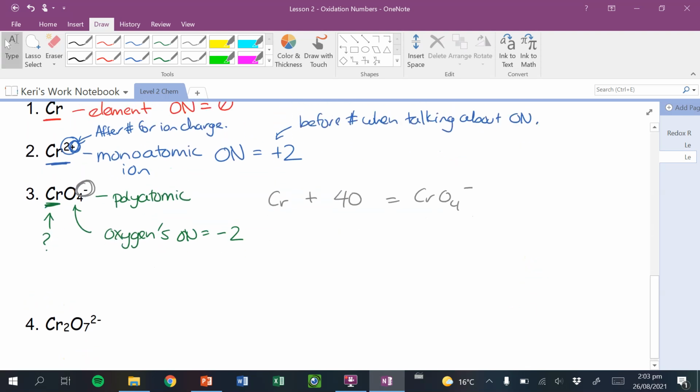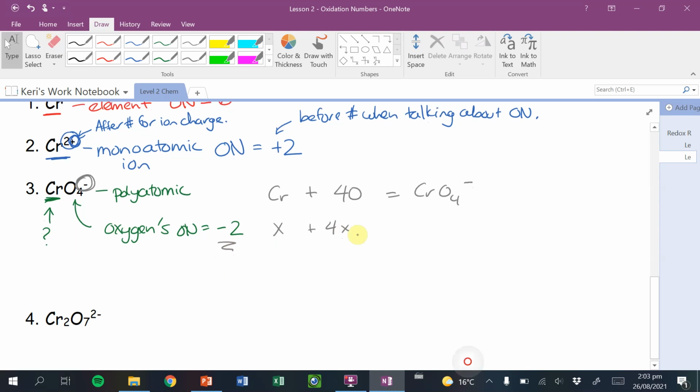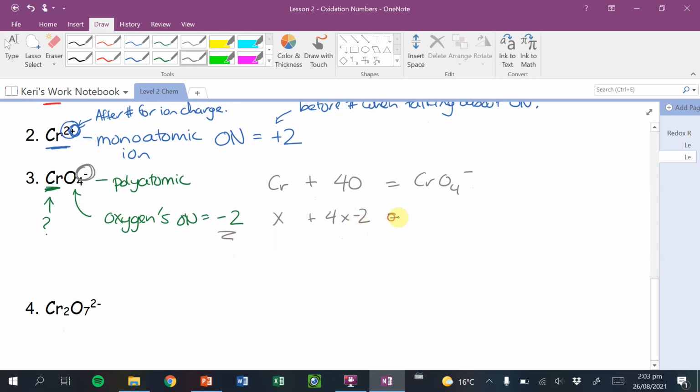Anyway, now let's substitute our numbers that we know. We don't know chromium, so we can treat that basically as an X. I'm going to write that as X, so that way you can see the algebra. There's 4, and I'm multiplying it by -2 because that's the oxidation number of oxygen, and I'm setting that equal to -1 because for polyatomics, we set it equal to the charge. If I was dealing with a neutral compound, I would set it to 0.